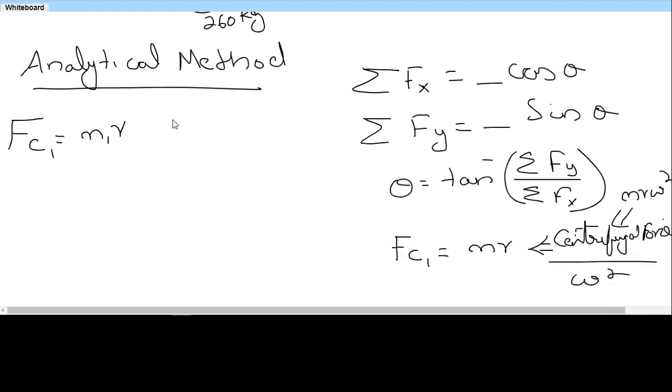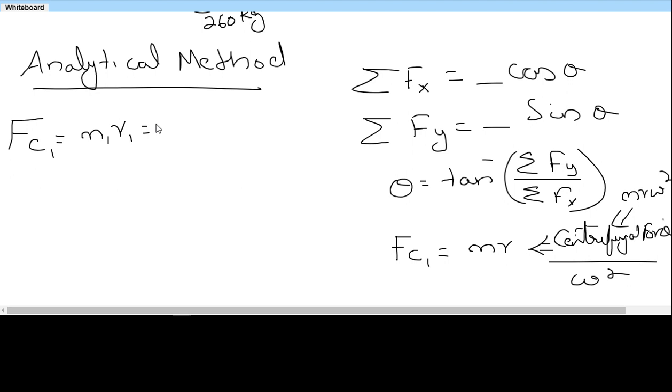So we will be only taking m1 into r1, and we will not be taking any omega square, because omega square will get cancelled, because we equate all the fx and fy equal to 0, and by doing so that omega square will be cancelled. And even if you don't equate fx and fy equal to 0, that omega square will be common, and that omega square will divide itself when you take theta.